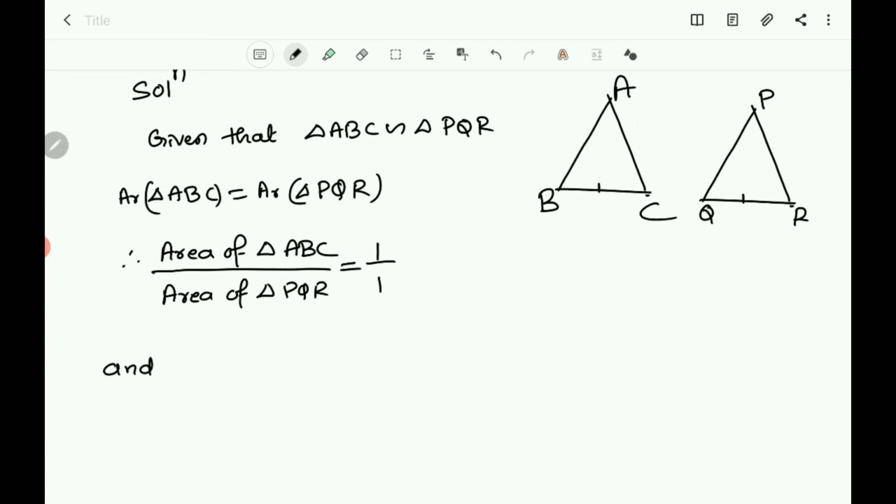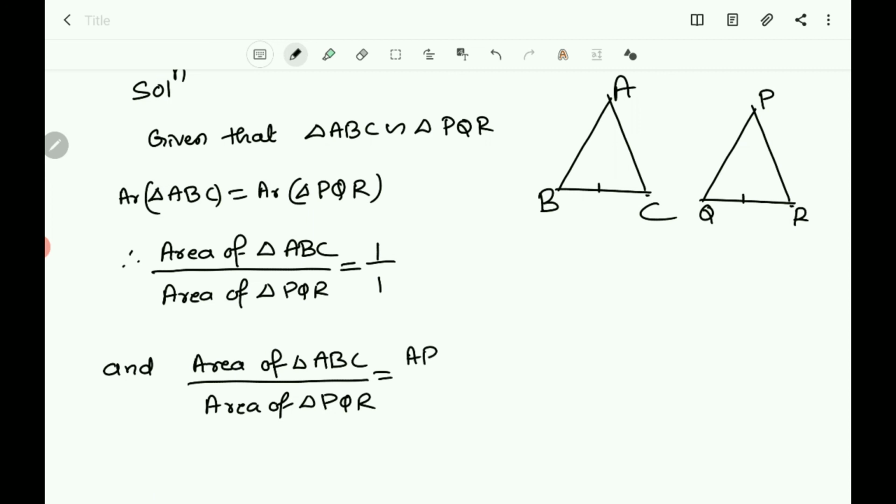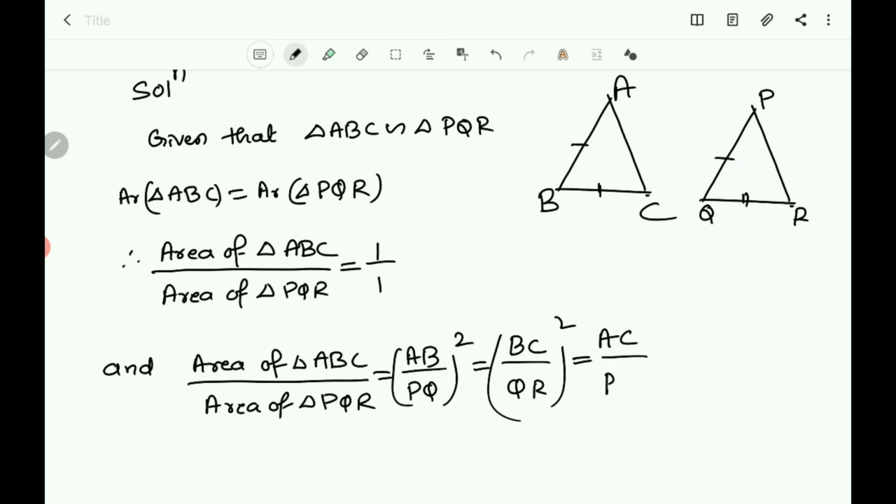And you know that area of triangle ABC by area of triangle PQR is equal to AB by PQ whole square, and also it is equal to BC by QR whole square, that is also equal to AC by PR whole square, that is equal to, the ratio becomes 1 by 1.